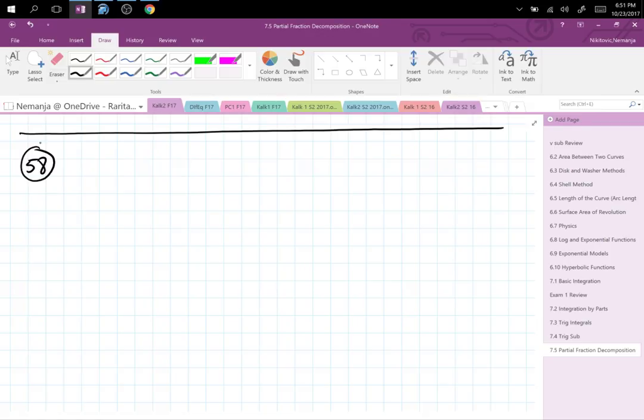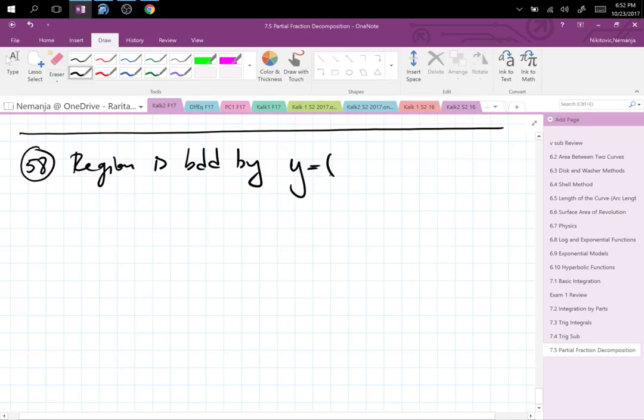The region is bounded by y equals (1 minus x squared) to the negative 1/2 and y equals 4 and is revolved around the x-axis.